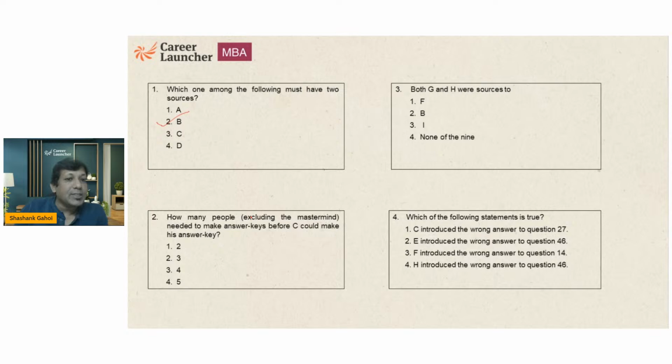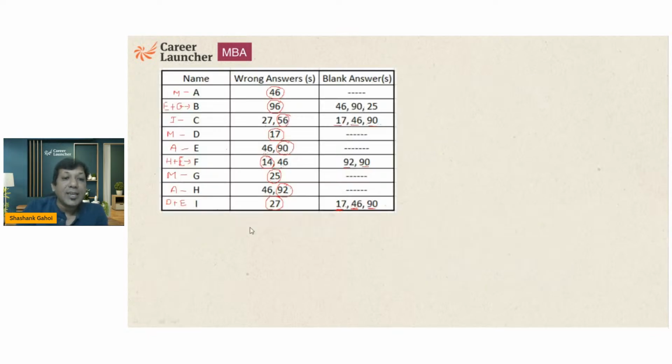How many people, excluding the mastermind, needed to make the answer key before C can make his answer key? Okay. So C is receiving from I, I is receiving from D and E, D is receiving directly from the mastermind, E is receiving from A, and A is receiving from mastermind.